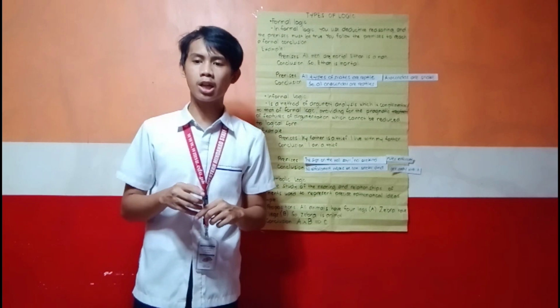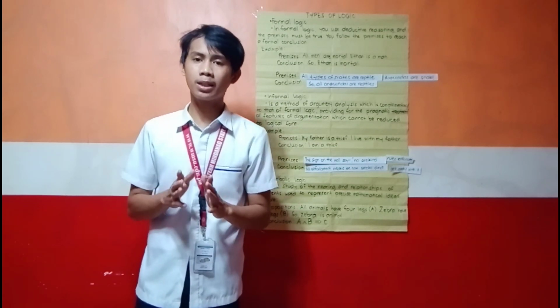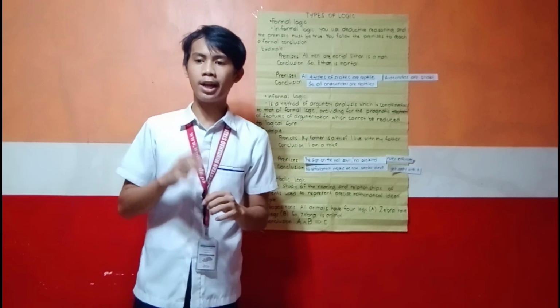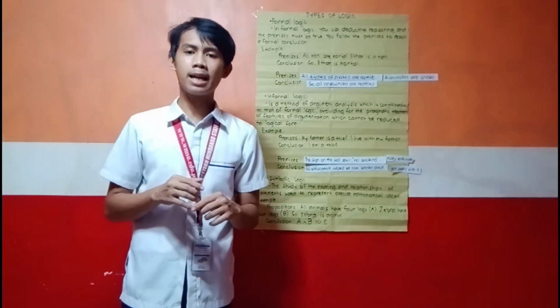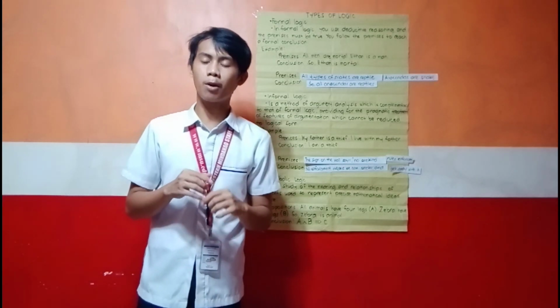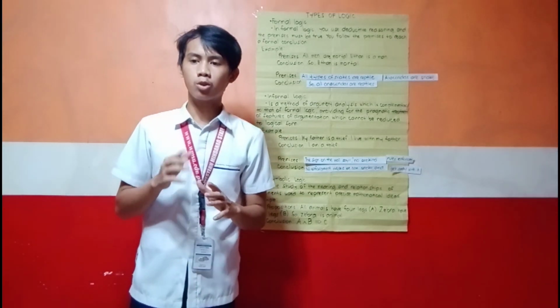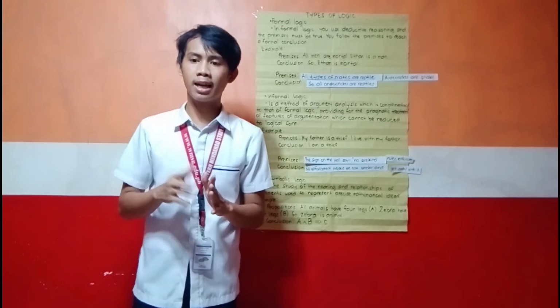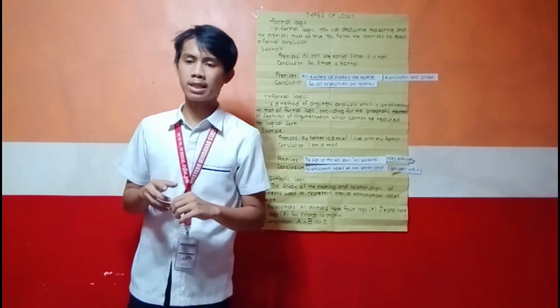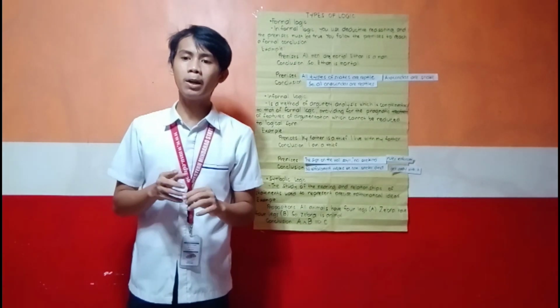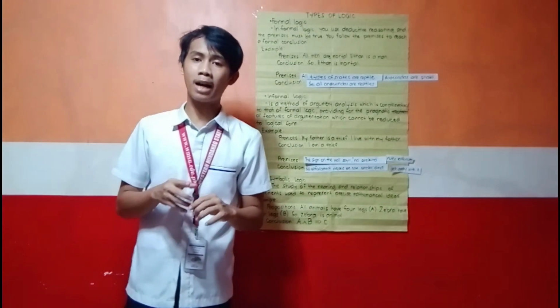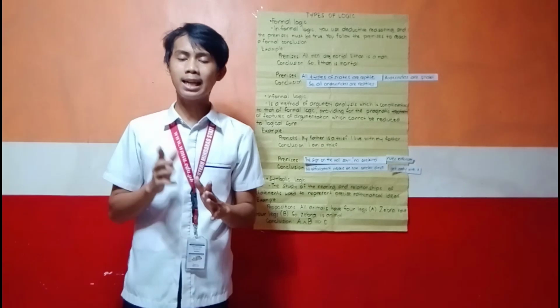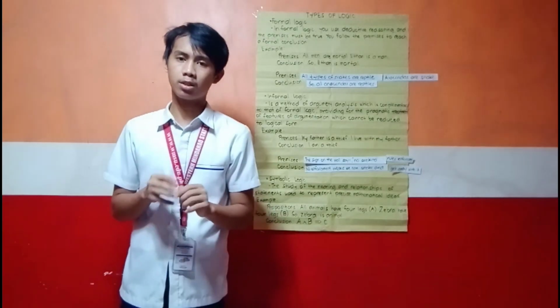The proposition is either accurate, or true, or not accurate, or false. Premises are the propositions used to build the argument. The argument is then built on premises. Then an inference is made from the premises. Finally, a conclusion is drawn.